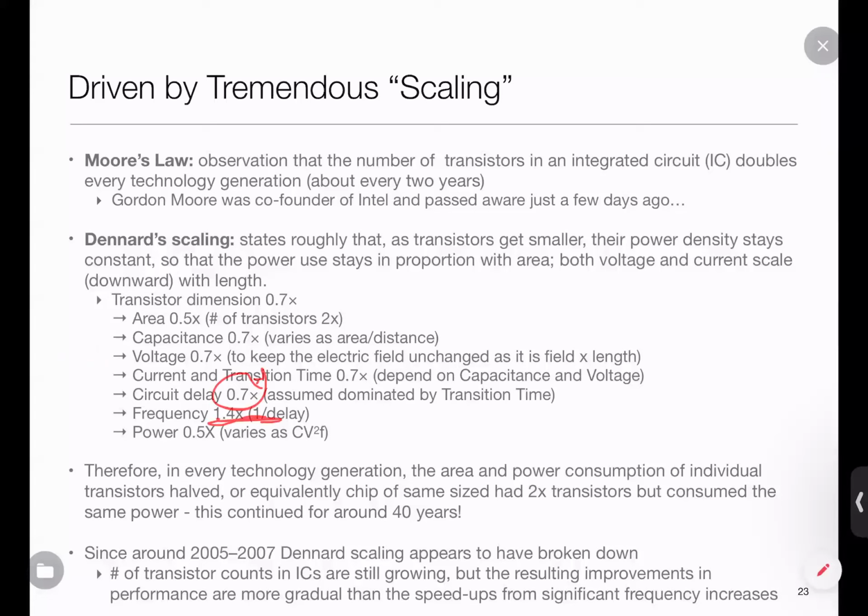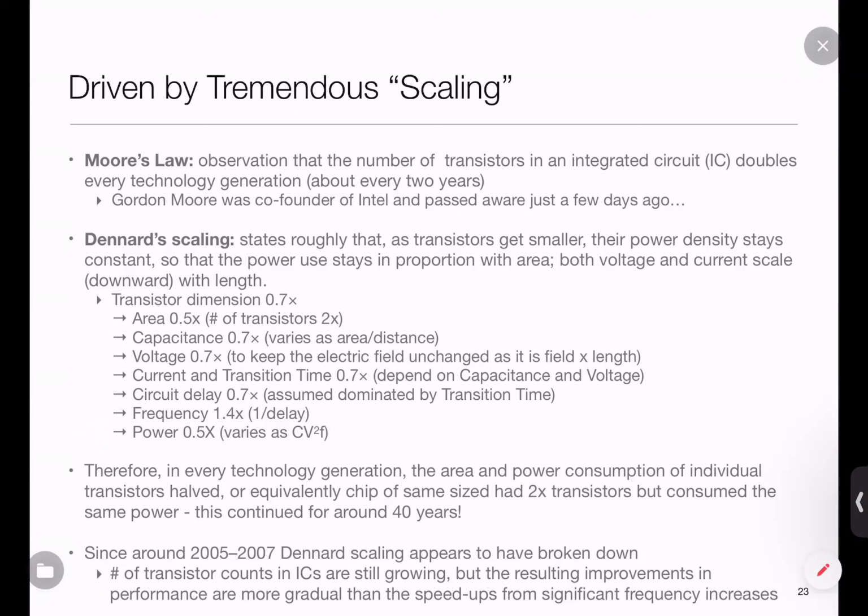So that's my transistors. Those I have twice in half the area. I have the same transistors as the previous generation, but they are running 40% faster. You add it up, and the power also changes to 0.5. So my area went down 0.5, power went to 0.5, so the ratio remains the same.